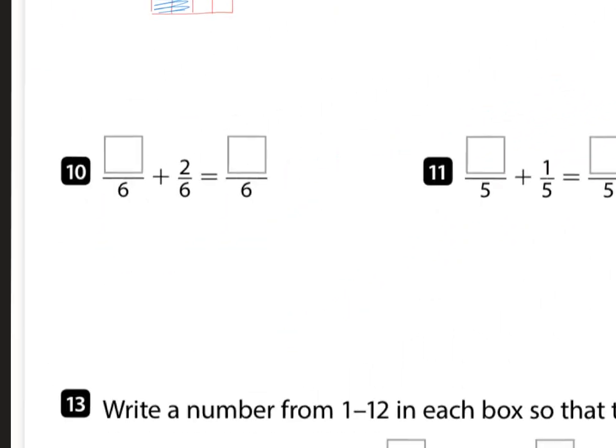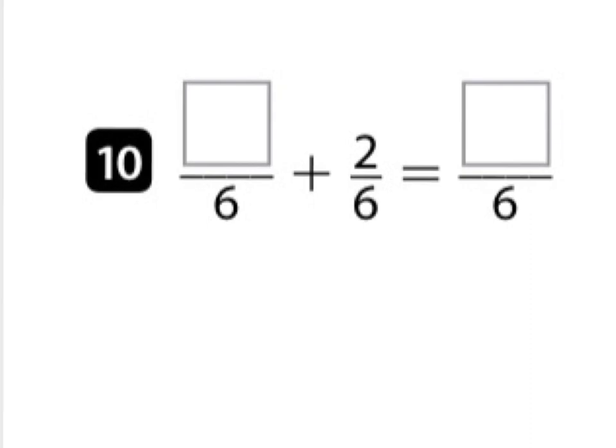Alright, number 10. Denominator stays the same, and on this one you can come up with many different things that can go in this box, or if you wanted to, you could fill this one out first. Either way's good. I'm going to just put 8 right here, and then say what plus 2 will give me 8. 6 plus 2 will equal 8. So 6 sixths plus 2 sixths will equal 8 sixths.